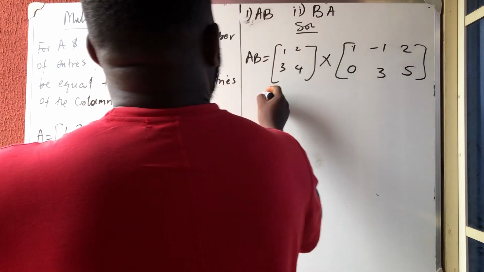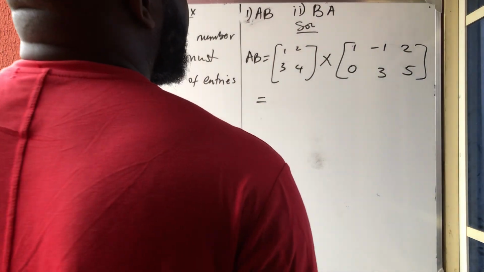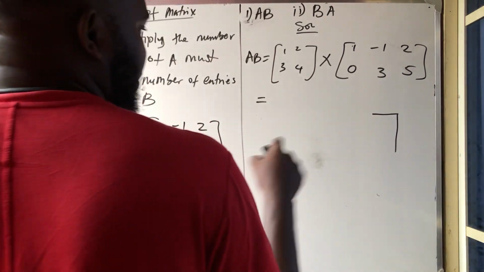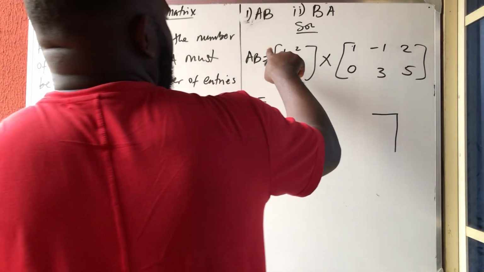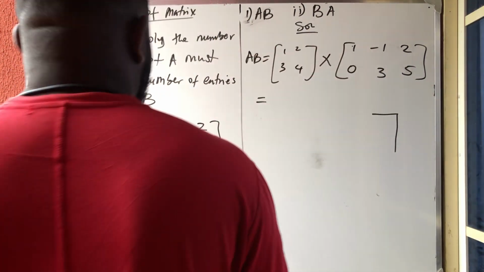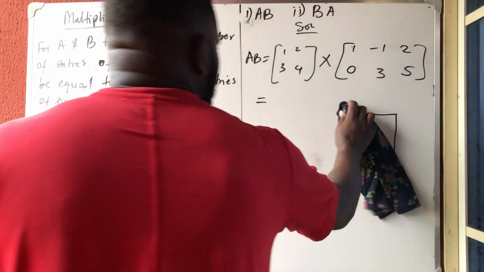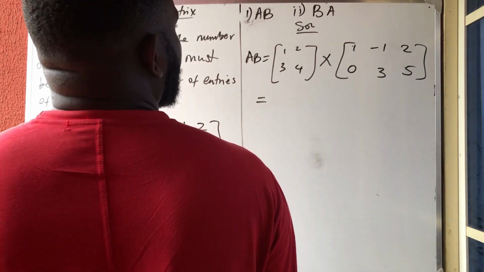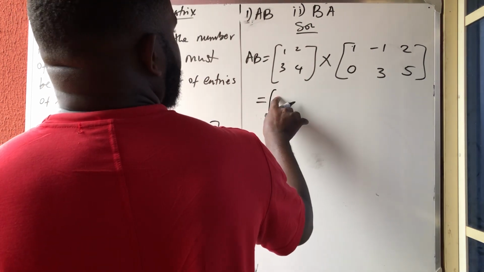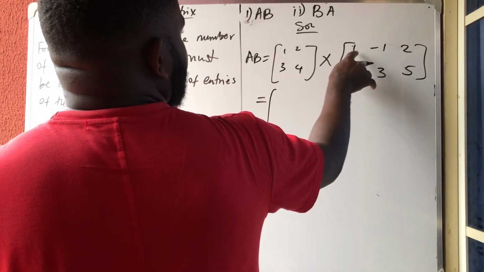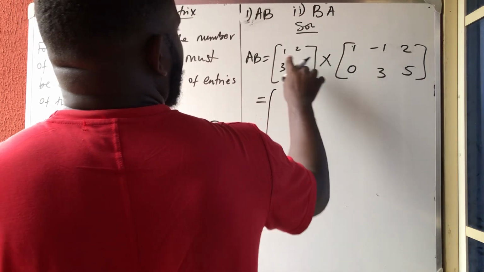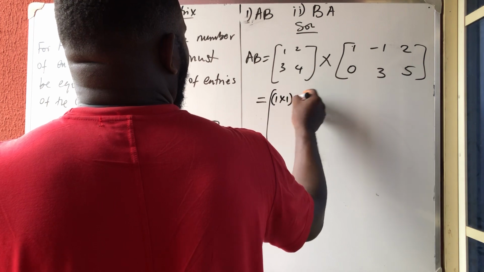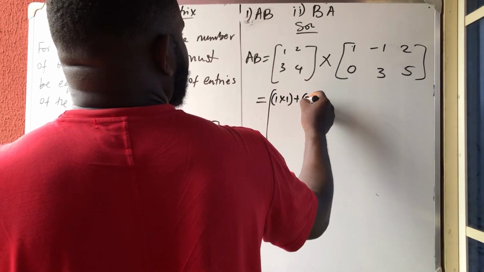Now in the multiplication they form a 7 like this. The row will come and meet the column, the row will come and multiply the column. So for this side I'm going to have 1 times 1 plus 2 times 0.